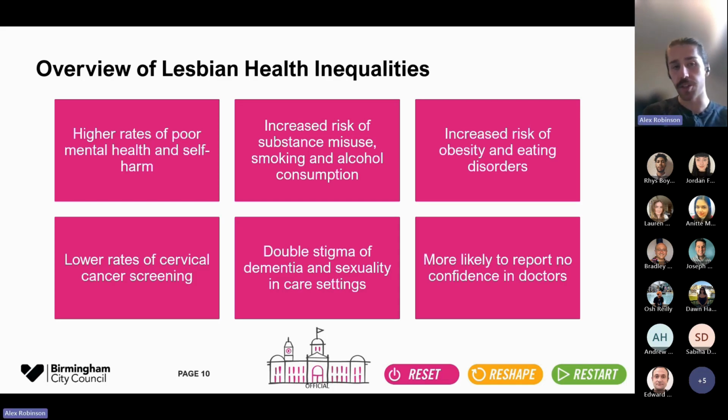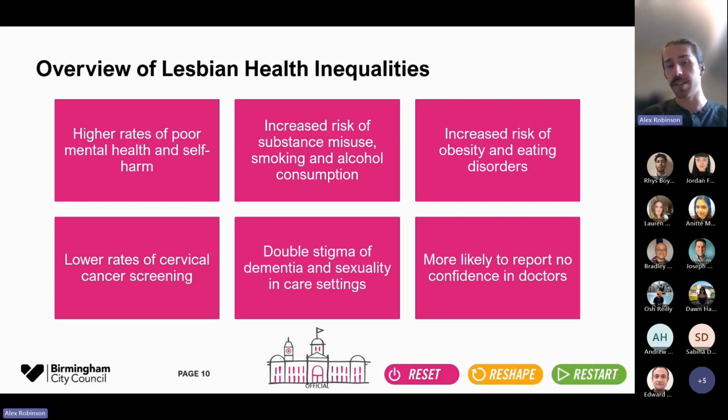There are also significant issues with substance misuse, including smoking and alcohol consumption. 79% reported having ever used drugs compared to heterosexual women, which was 61%. And 45% of lesbians reported being smokers compared to 36% of straight women.